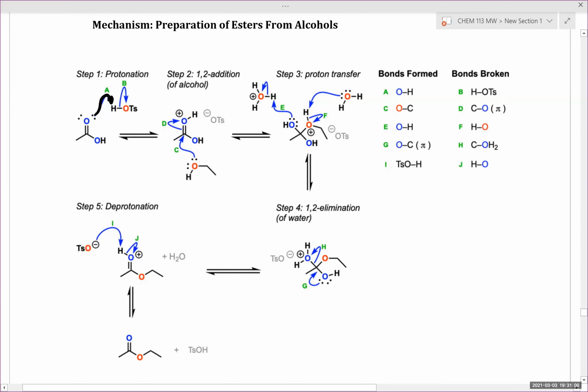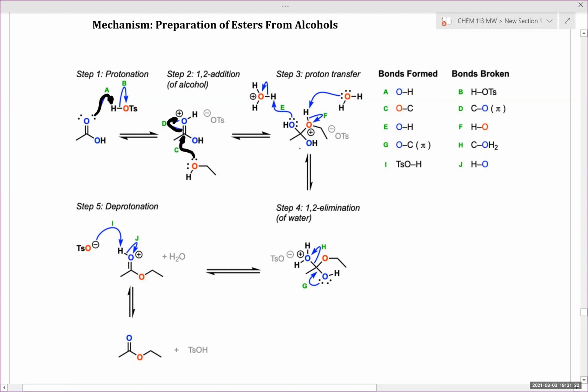This activates the carbonyl as an electrophile. Next, our nucleophile, such as water, will attack our electrophilic carbonyl carbon. From there, we have a tetrahedral intermediate.